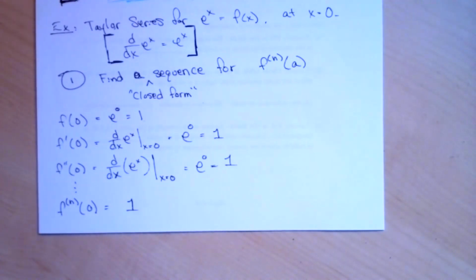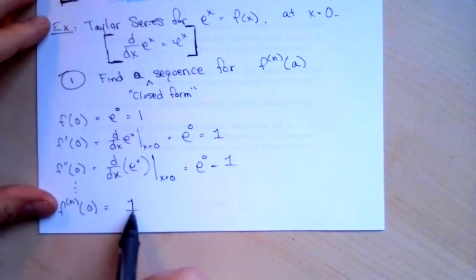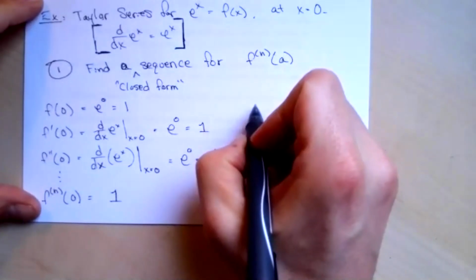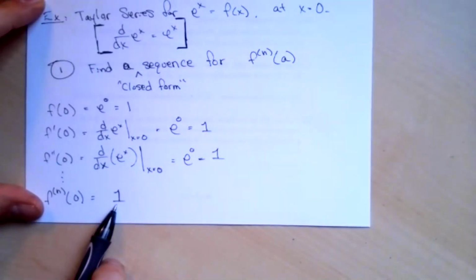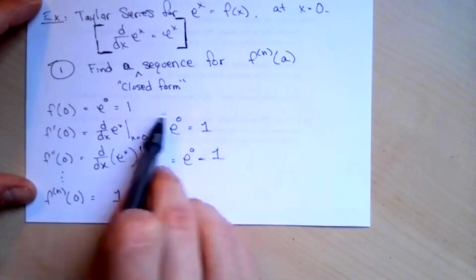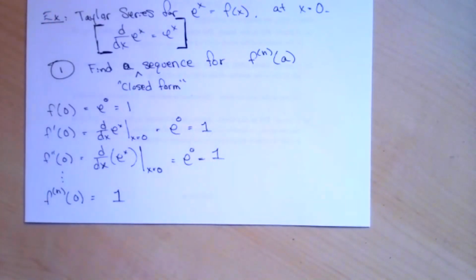And then when I evaluate it at 0, we're going to get 1. So the formula for the derivative, I should specify, the sequence of derivatives is just all ones. So that's easy enough.